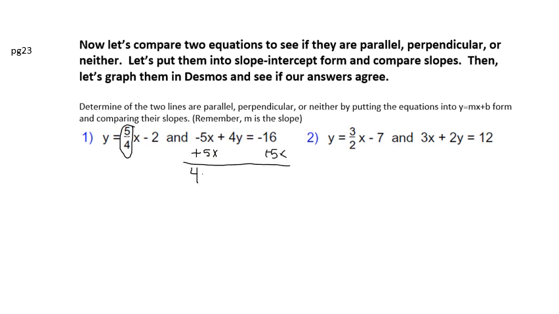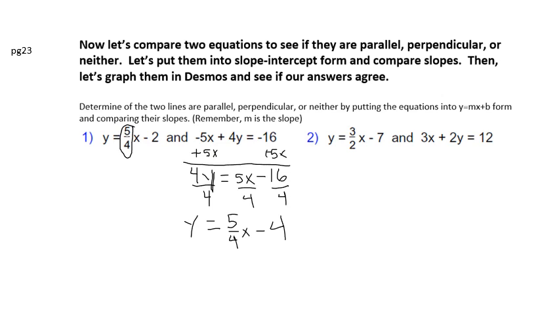So we'll have 4y equals 5x minus 16. And to get the y alone, we're going to have to divide everything by 4. So we'll have y equals 5/4 times x. Now, -16 divided by 4 gives us a y-intercept of -4.